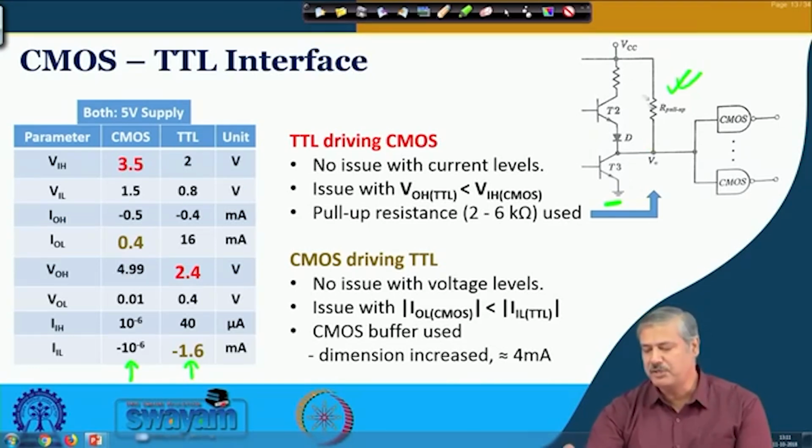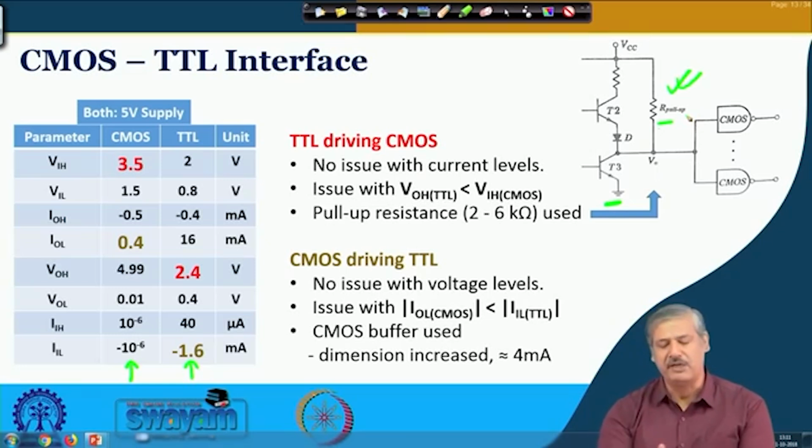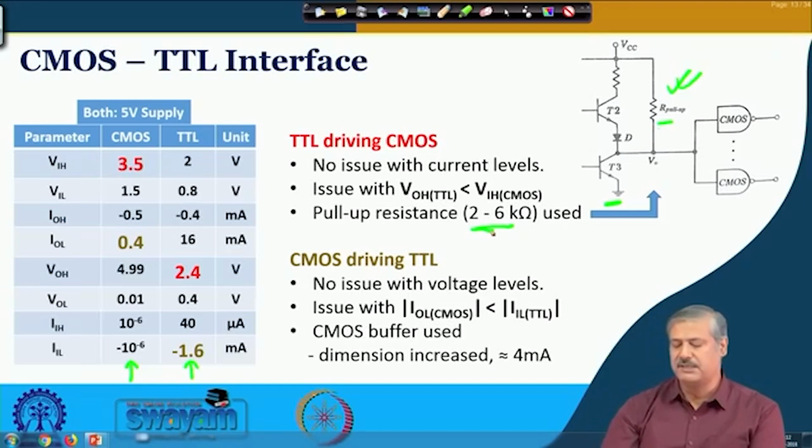So the voltage will be VCC minus whatever IR drop occurs here, which will be more than the required 3.5 volt. To get a voltage higher than this 3.5 volt, a resistance in the order of 2 to 6 kilo ohm would do. So this is what is required when TTL drives CMOS, and then when CMOS drives TTL.